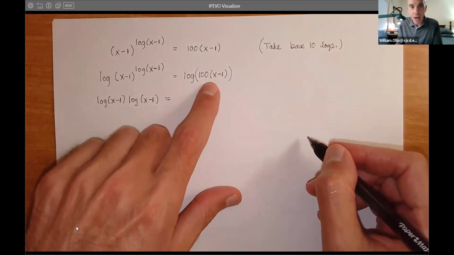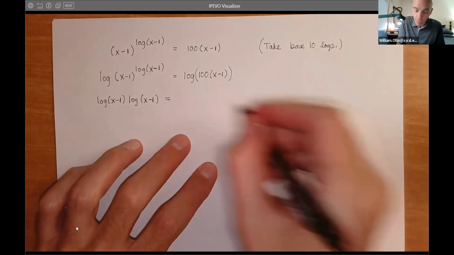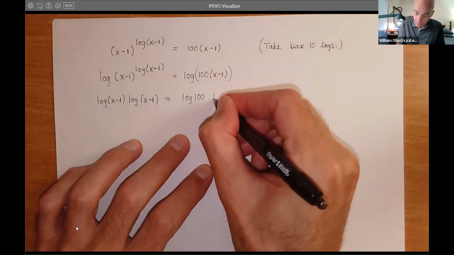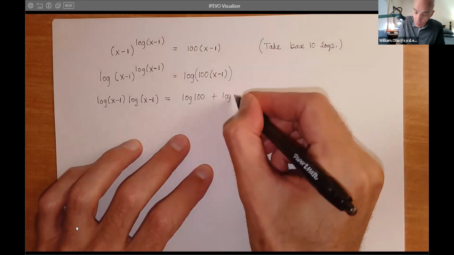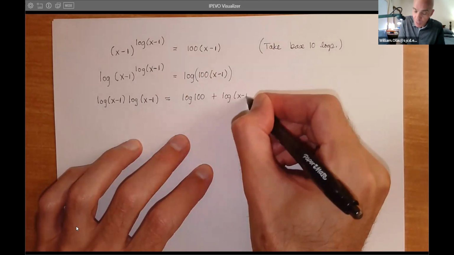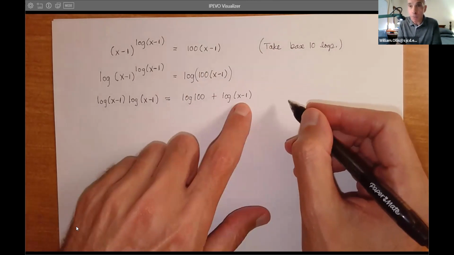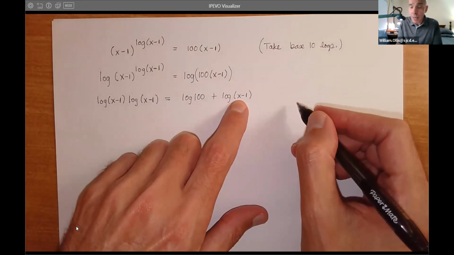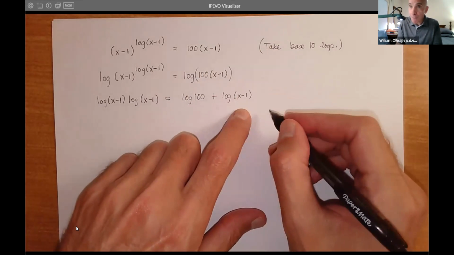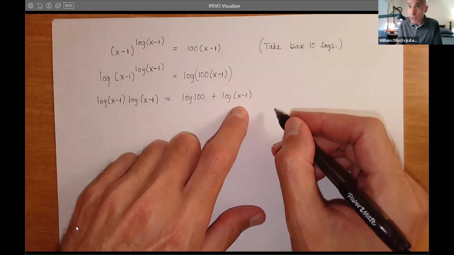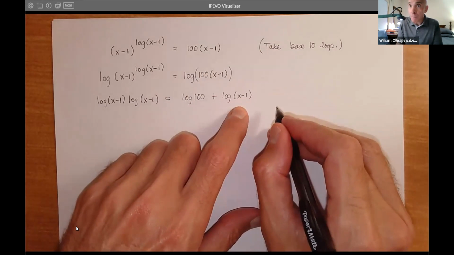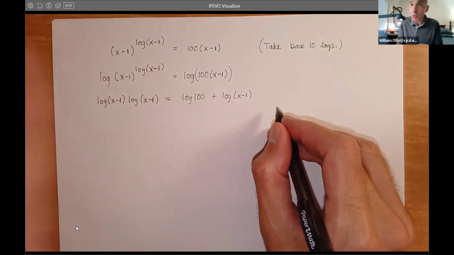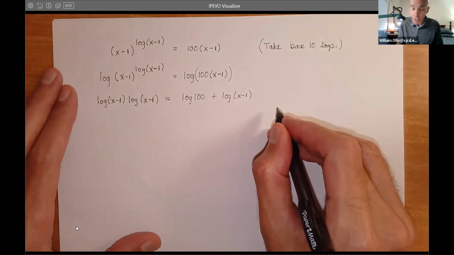So now we have the log of a product, which is the sum of logs. So log of 100 plus log of x minus 1. And of course, we need the parentheses here because it would be unclear if we did not use them, because is the x included and the minus 1 both, so we need parentheses. So that's something I do when I write my notes. But again, WebAssign will throw in the parentheses because that's just the way the computer algebra system is coded.